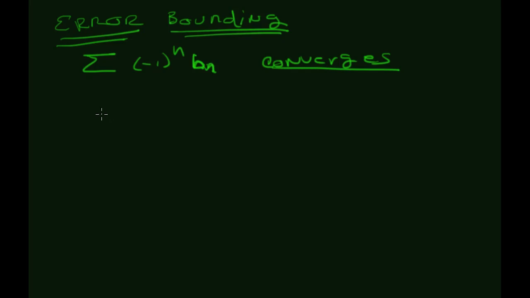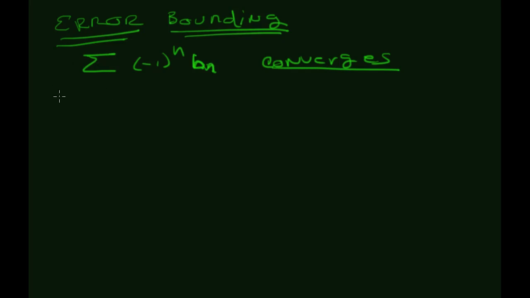But what I can do is ask, how good is a partial sum? For an alternating series, a partial sum, like the sum from n equals 1 to some number instead of n equals 1 to infinity, is completely calculable in a short period of time. And oftentimes it's really close to the infinite sum.